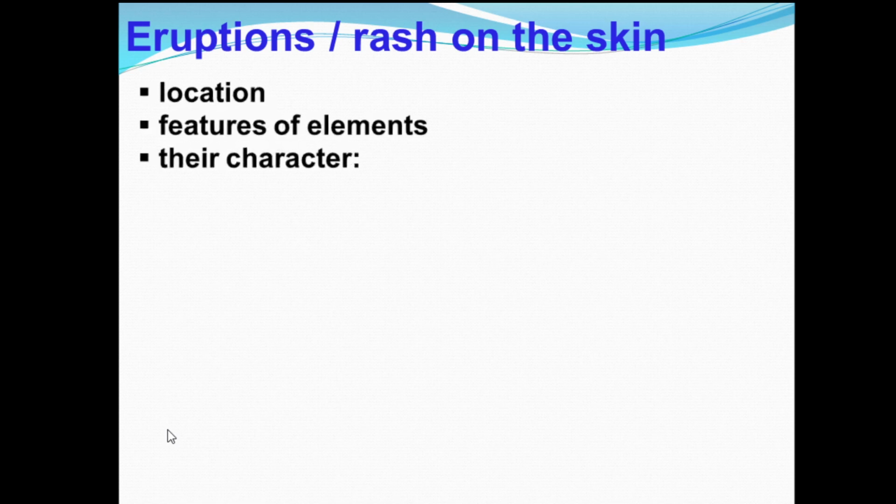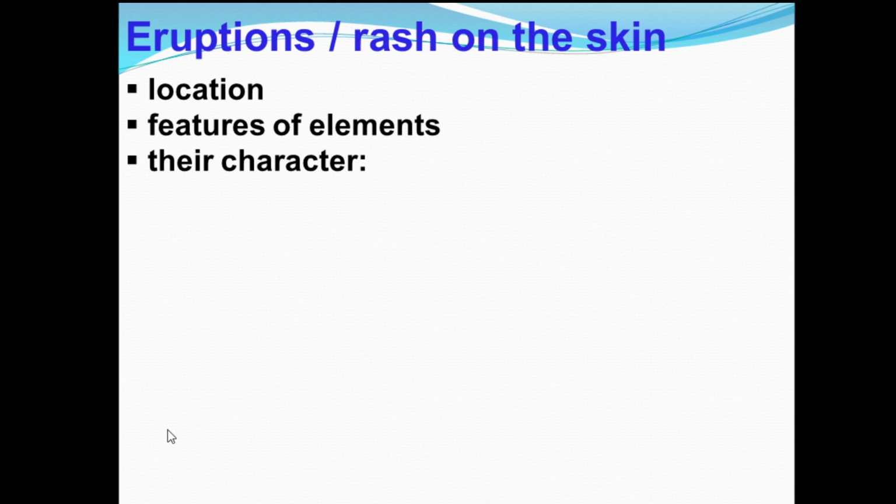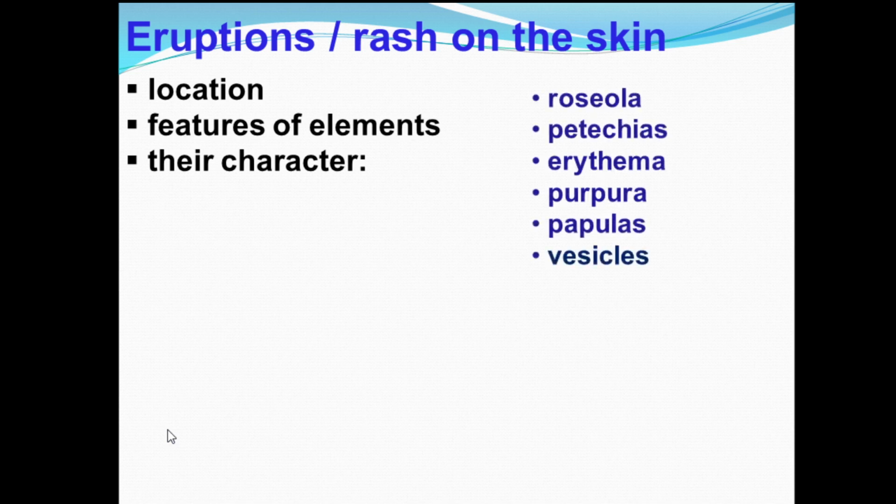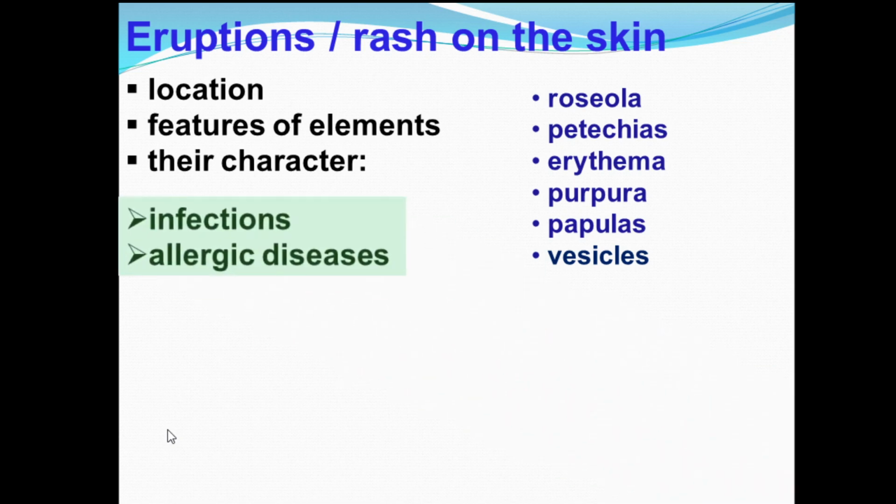Any pathological elements on the skin, eruptions or rash on the skin, you must assess depending on the location and character of the elements. You can see roseola, small red spots on the body, petechiae, red dots on the body, erythema, more intensive reddish color of the skin. We can reveal purpura, papules, vesicles, and any other pathological elements which you will study with increased knowledge of one or other diseases in different departments.